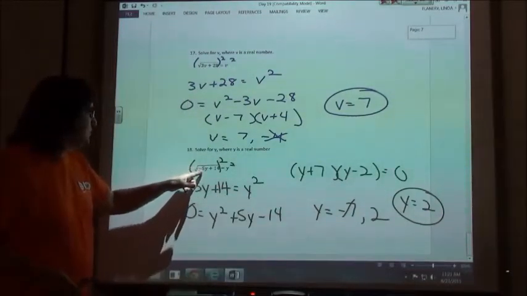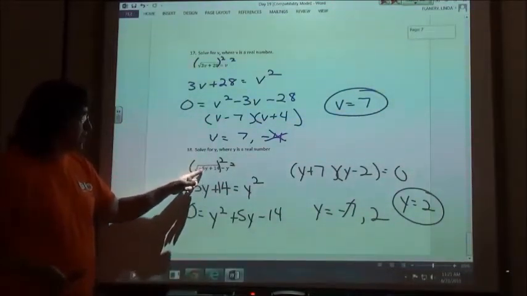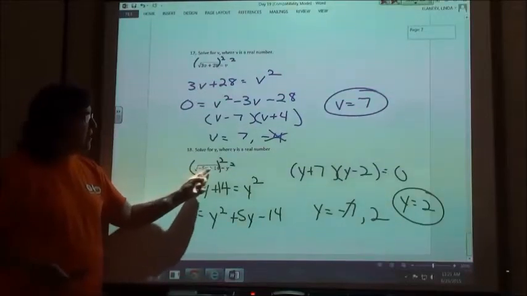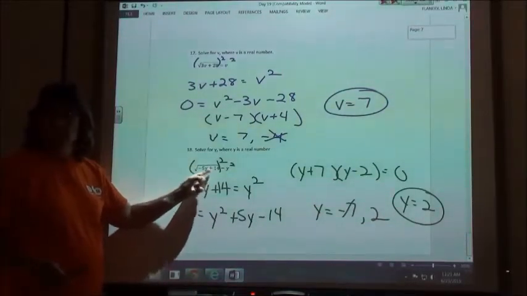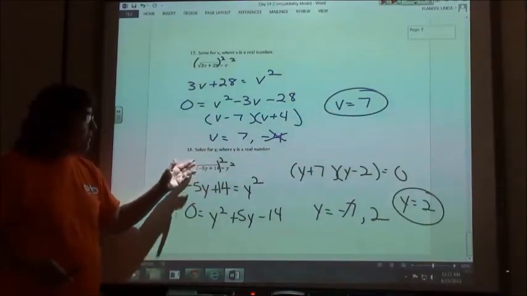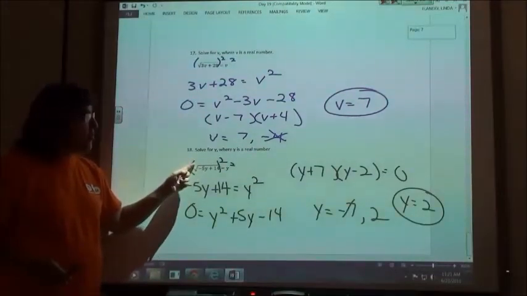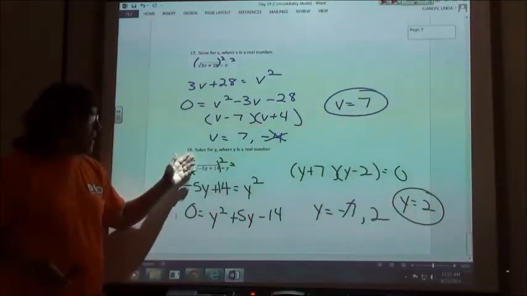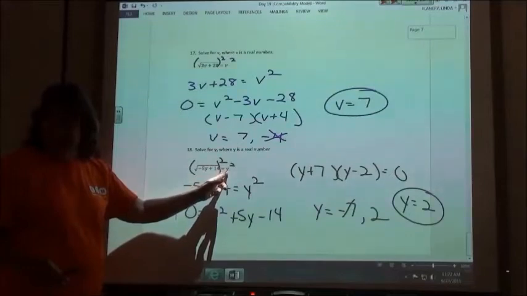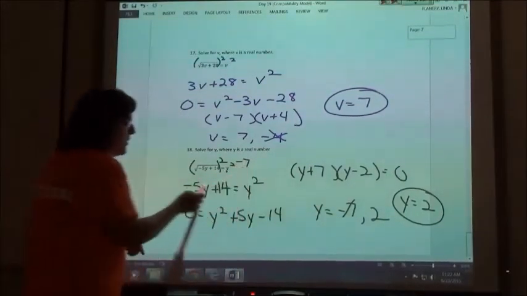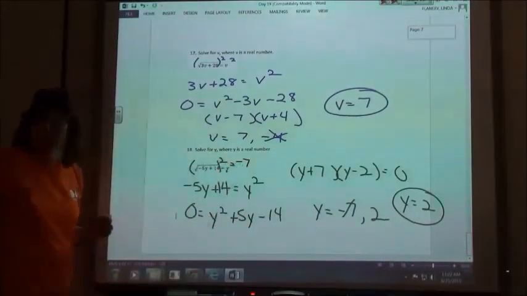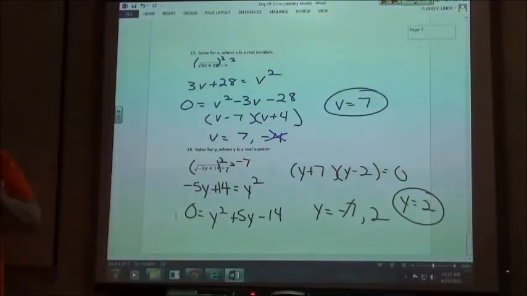But won't the negative 7 times the negative 5 make a positive 35? It will, but you'll do 35 plus 14 then, right? 35 plus 14 would be 49. The square root of 49 is 7, not negative 7. That's why the negative won't work, because when you do the square root, it's always going to be a positive answer. I got it, okay?